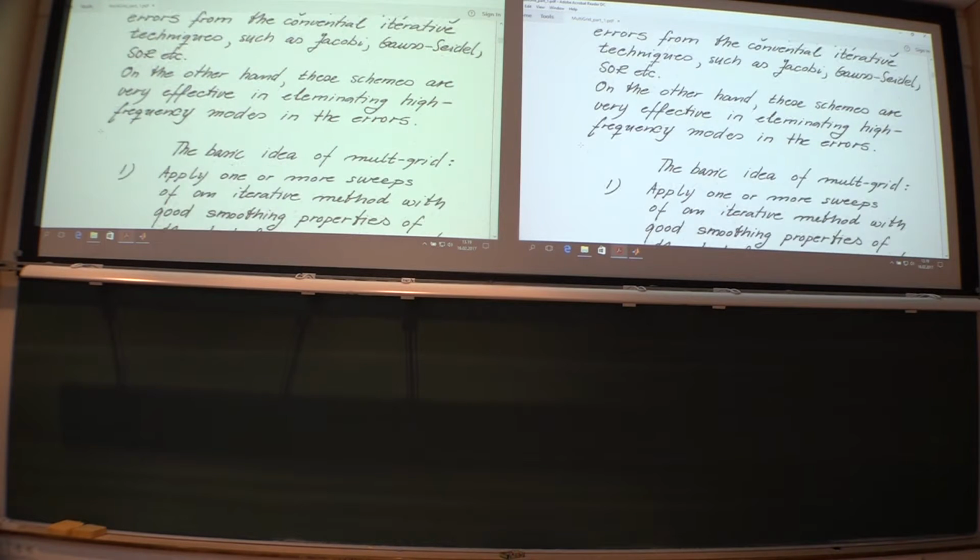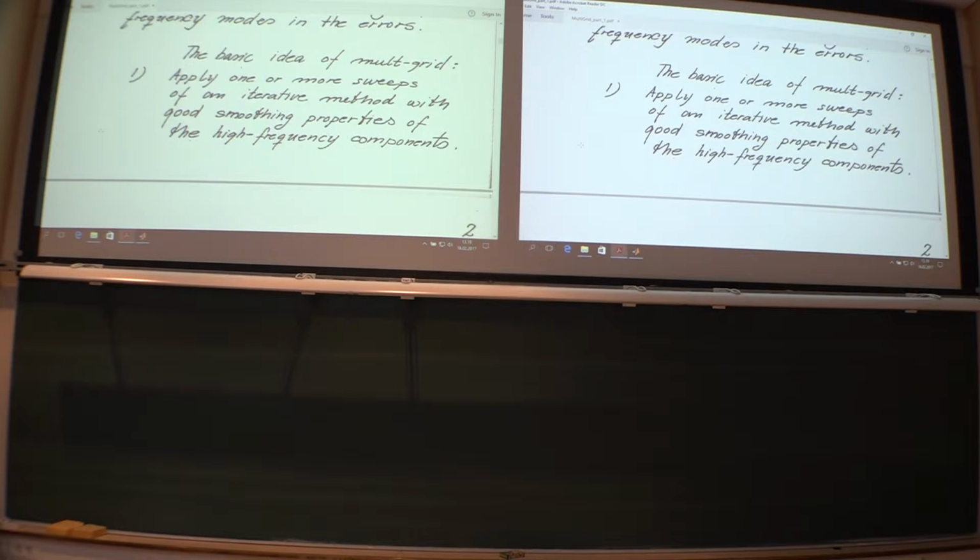We have talked about this roughly already. The basic idea is to use the classical old-fashioned iterative methods, Jacobi, Gauss-Seidel, but we use them only where they are efficient, meaning removing high-frequent components of the error, not the low-frequent. There they are terrible.